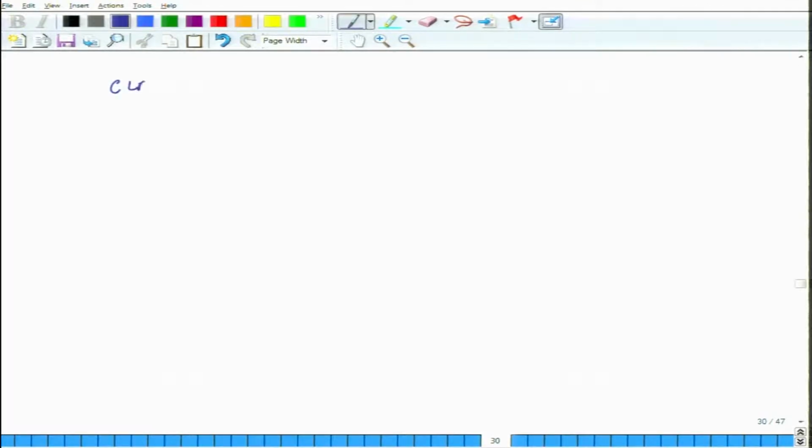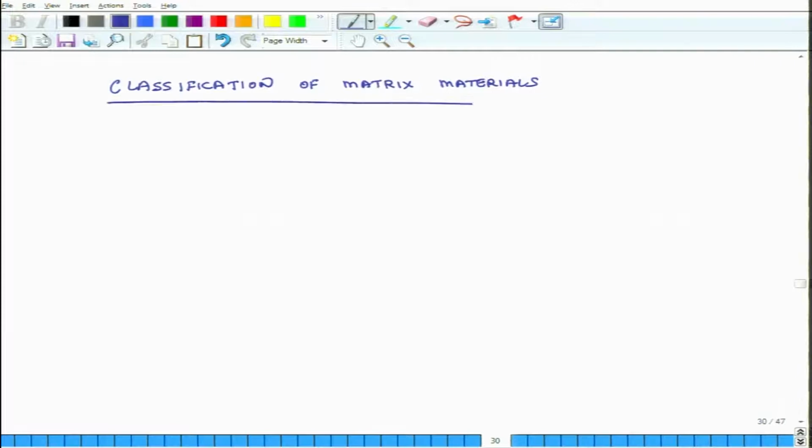Classification of matrix materials. So, broadly speaking, there are 4 classes of matrix materials. So, the first class is polymers.